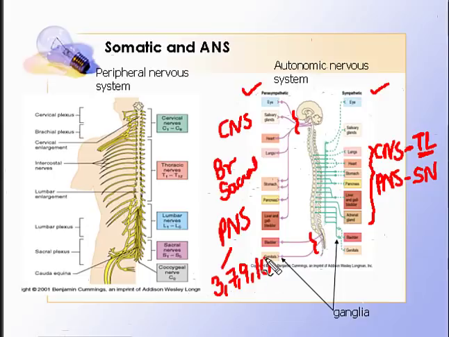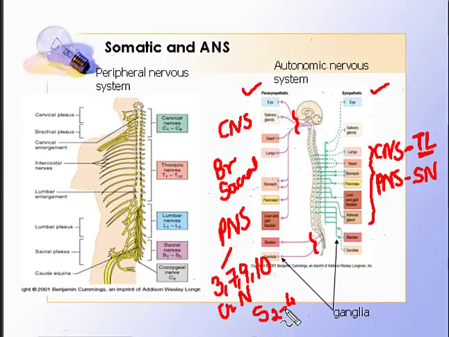So in the peripheral nervous system you have 4 cranial nerves, the 3rd, 7th, 9th, and 10th, and then you have spinal nerves, and these are the sacral spinal nerves, and these are sacral 2 to 4. So you can see that it has only a few cranial nerves which help in its distribution, and only a few spinal nerves which help in its distribution.